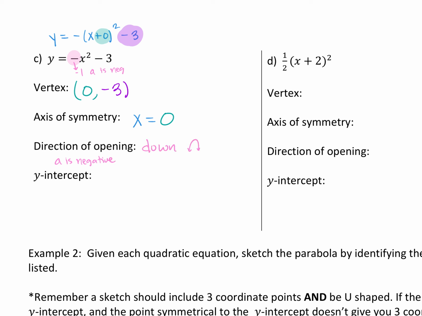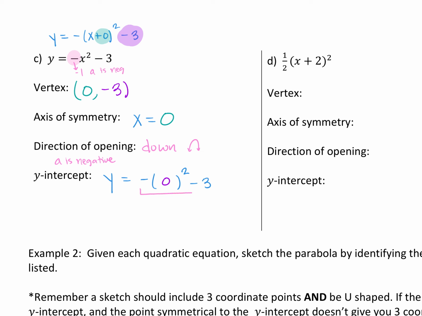And then the y-intercept, we replace the x that we see here with a 0. So it's a negative, and then we have a 0 that's being squared. Subtract 3.